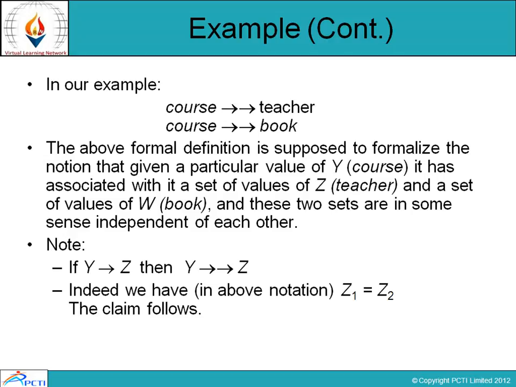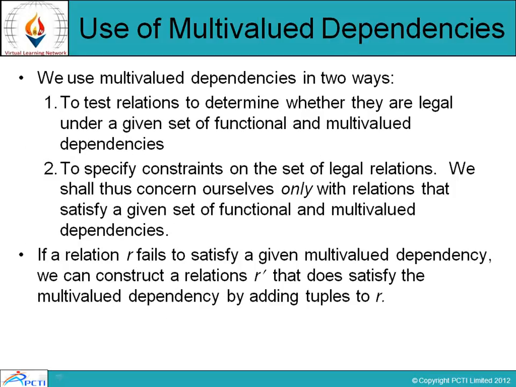So it is very difficult to extract the exact condition by which course, teacher and book are related. If Y multi-determines Z, that is Y is multi-value dependent on Z, we need in the above notation Z1 equal to Z2. What is the use of multi-value dependencies? We use multi-value dependencies in two ways.